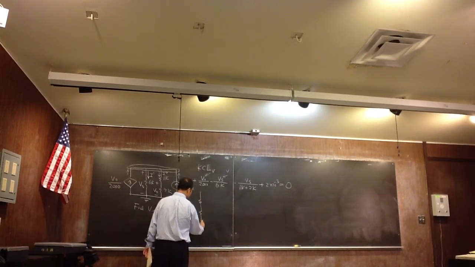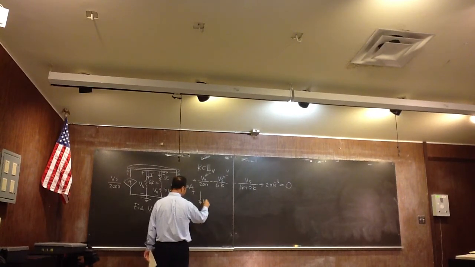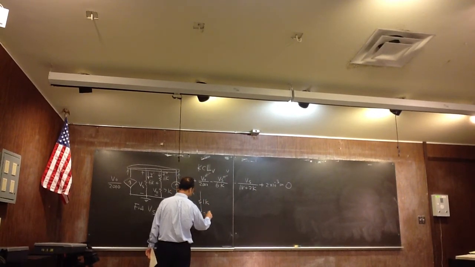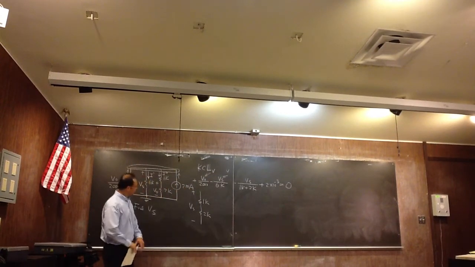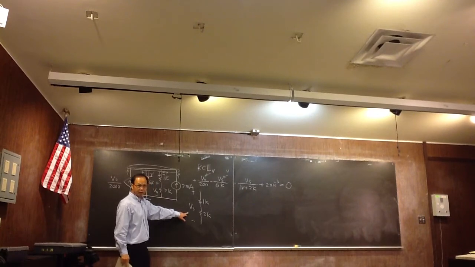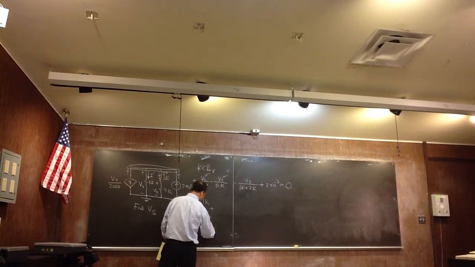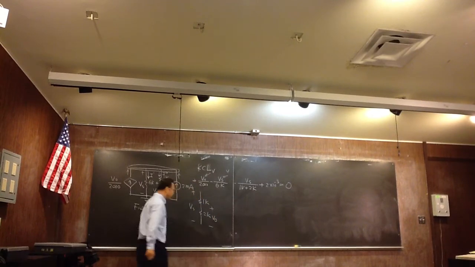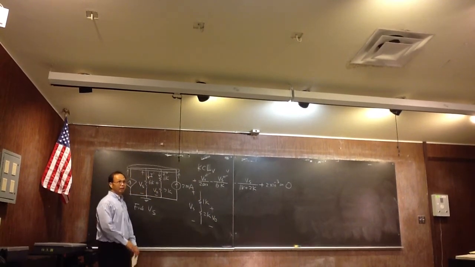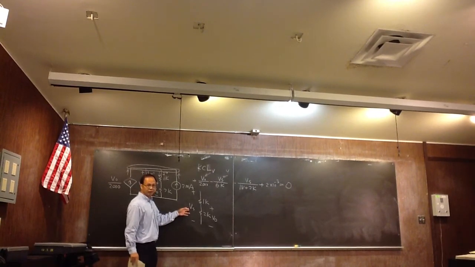They're parallel. The voltage across these two is V sub S, and this is V sub O. So V sub O is a portion of V sub S.